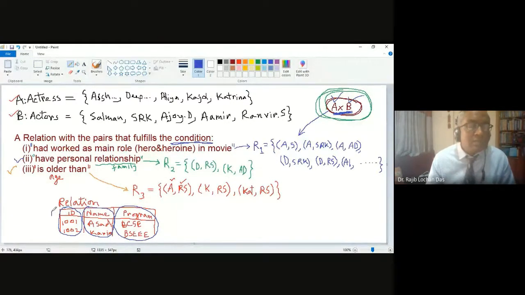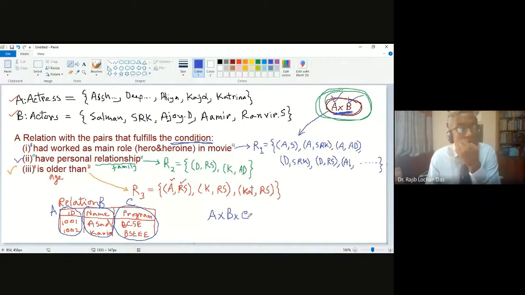ID is set A, name is set B, and program is set C. So A cross B cross C is the product set, but this relation is a particular subset of this product set.